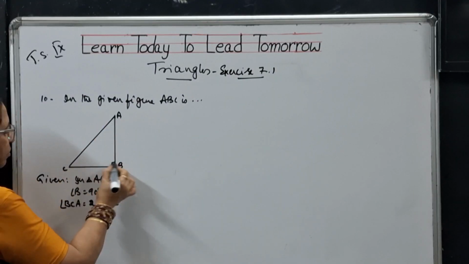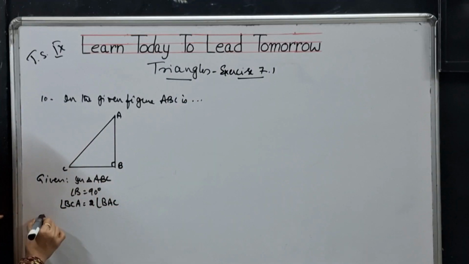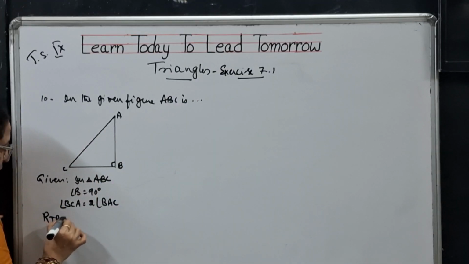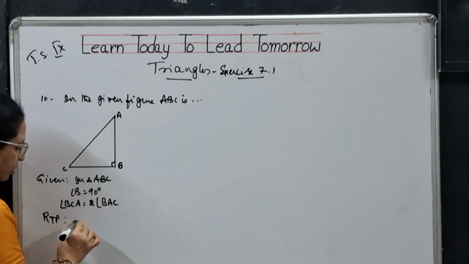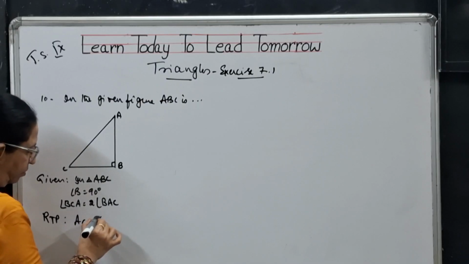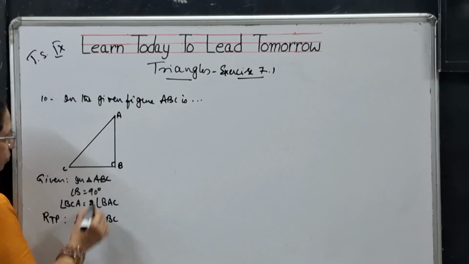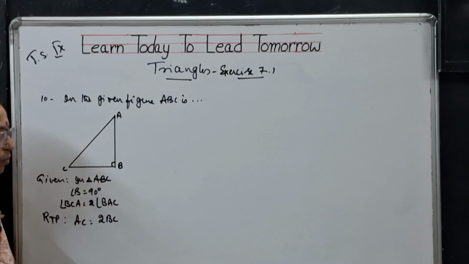Now what is RTP? We need to prove that AC is equal to 2 times of BC.